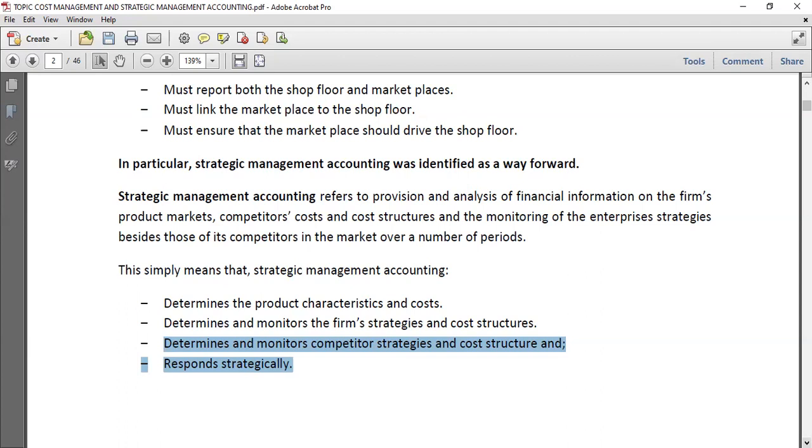I guess an example: maybe you're working with, let's say, Airtel Uganda, and then we also have MTN Uganda, and maybe we are looking at this product called Airtel Money, or mobile money in general. Now yours is not just to look at the way your mobile money is working as Airtel, but also to cross over and see how MTN is reinventing itself every day to make sure that their product is better. And based on that, we are also able to respond strategically.